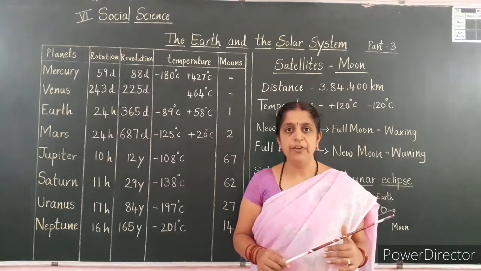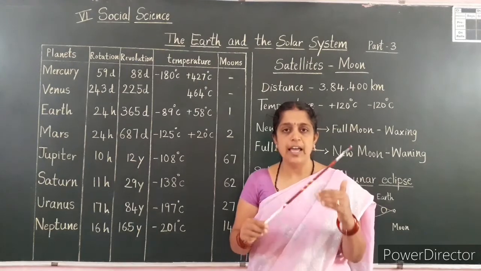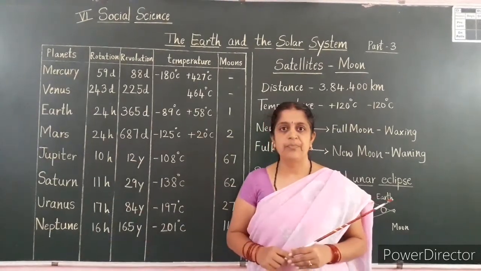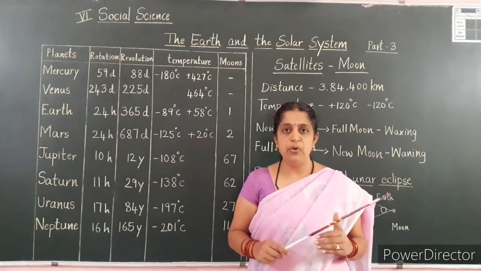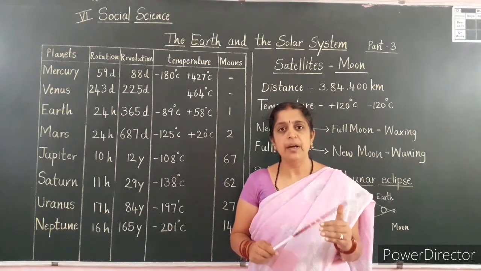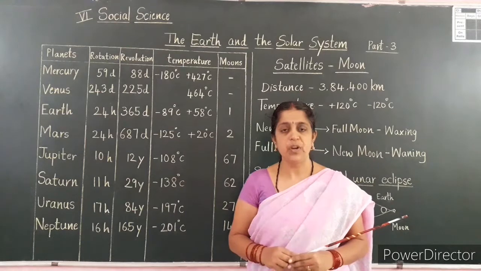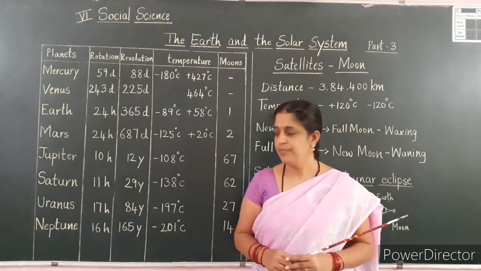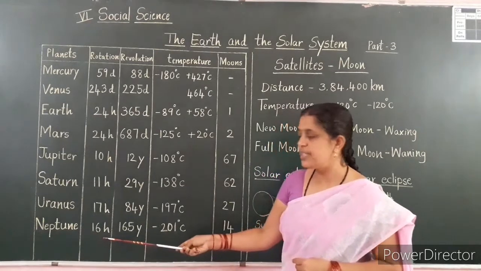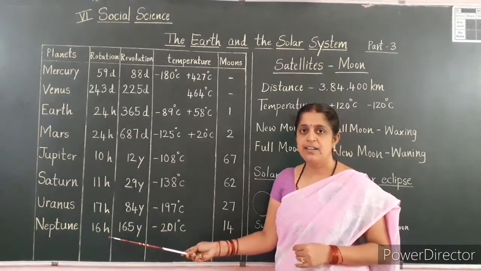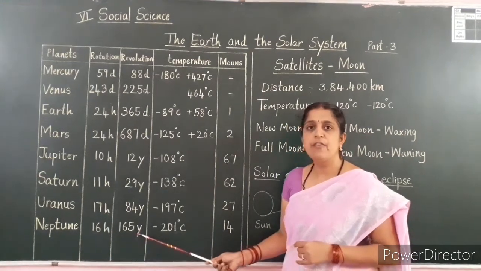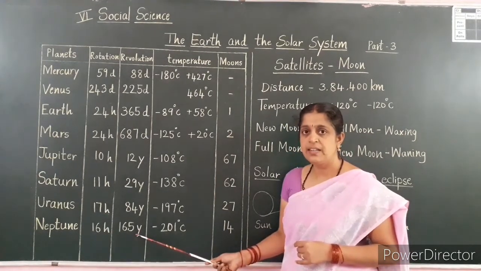Another great feature is that wind blows heavily on this planet. It blows more than 900 km per hour. It takes 16 hours for one rotation. Next, it takes 165 years for one revolution around the sun.